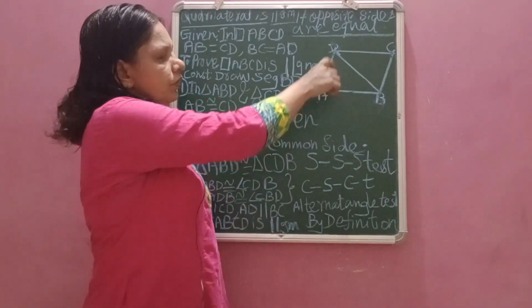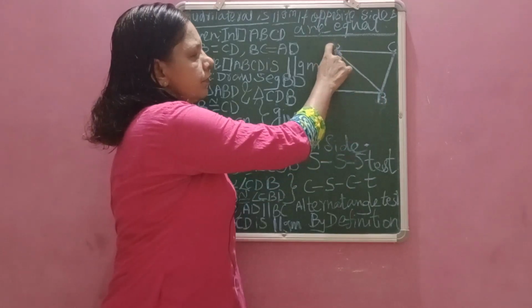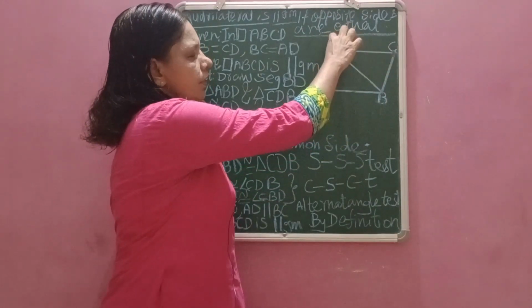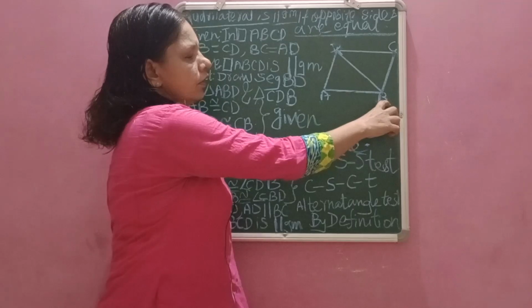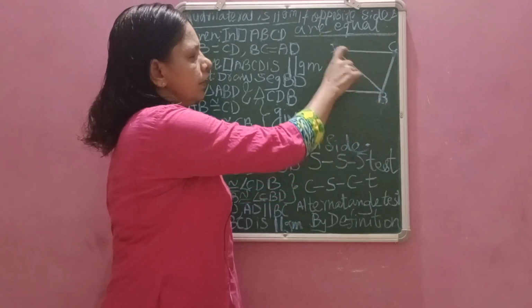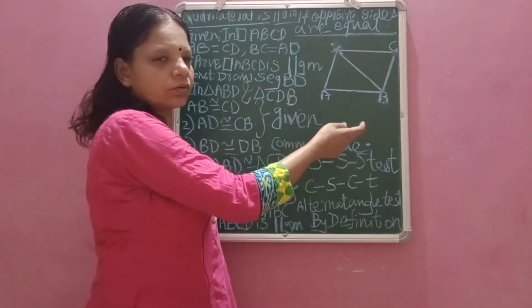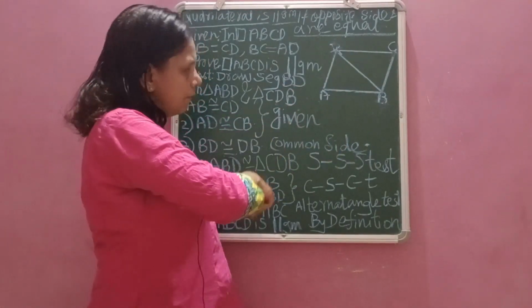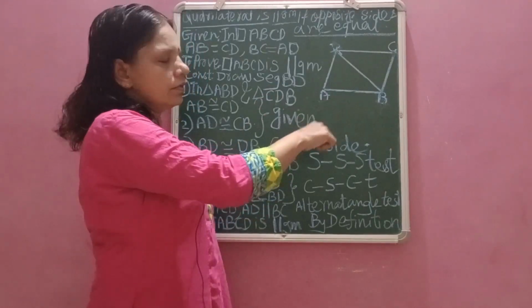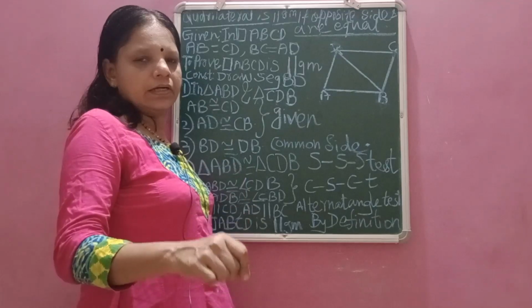So, with respect to AB and DC, with transversal DB, the alternate angles are ABD and CDB. We got they are congruent. Therefore, AB parallel to CD by alternate angle test.